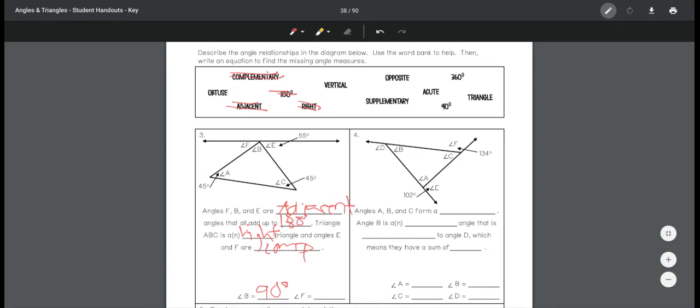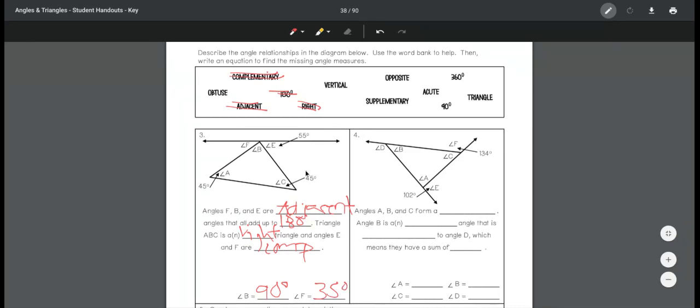So angle E plus angle B will equal a certain amount. We've got 90 degrees plus 55 degrees, which makes 145 degrees, which means angle F is the leftover. So 180 subtract 145 degrees leaves us with angle F being 35 degrees.